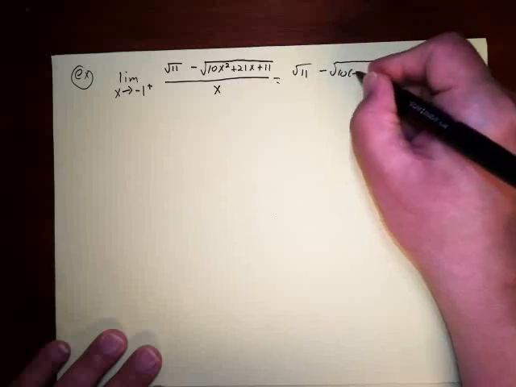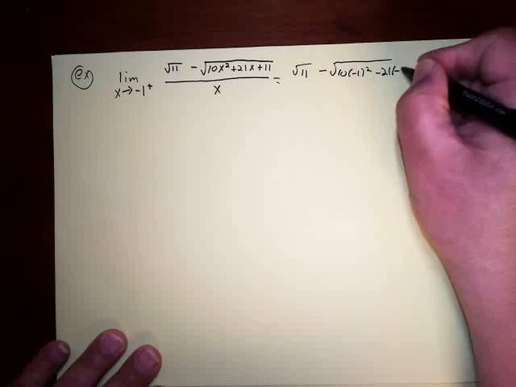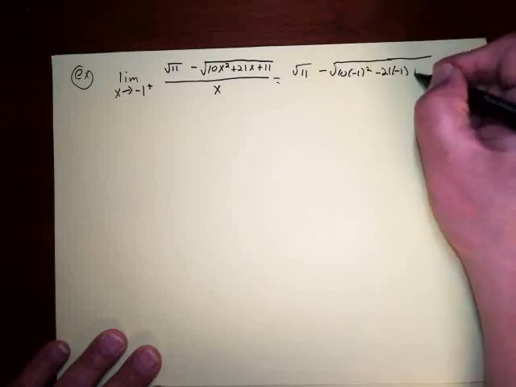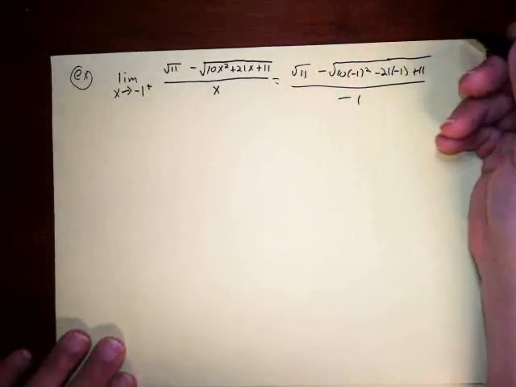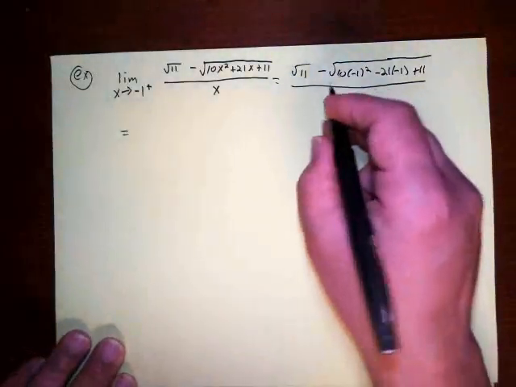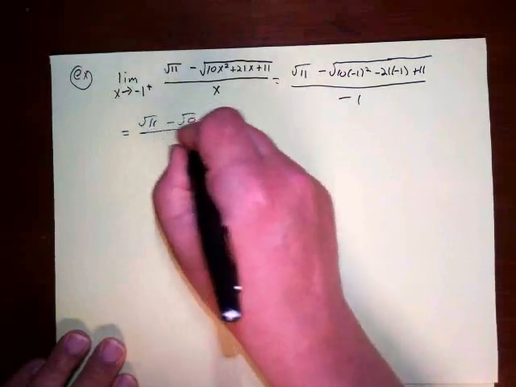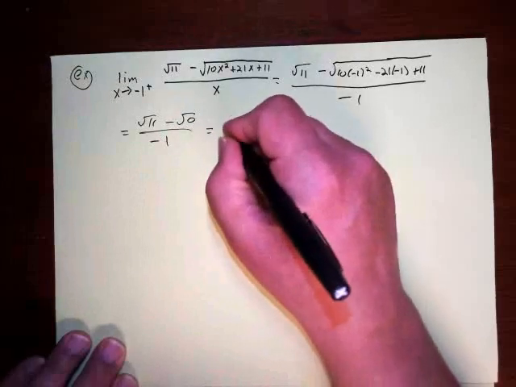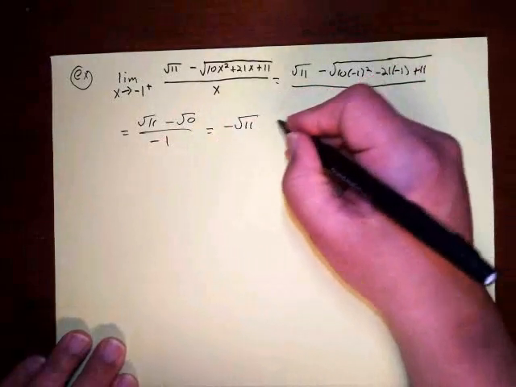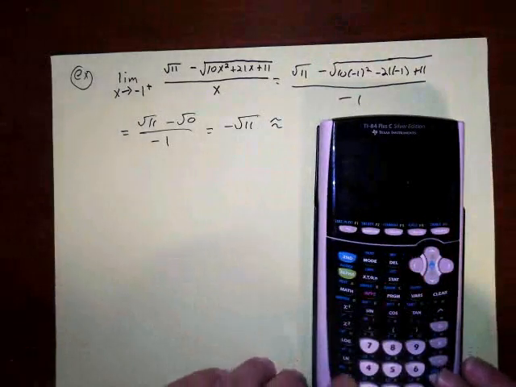So this would be 10 times negative 1 squared minus 21 times negative 1 plus 11, all over negative 1. And this ends up being 0. So square root of 11 minus square root of 0, all over negative 1. So this is like a negative square root of 11. And I'm going to put here what that is.